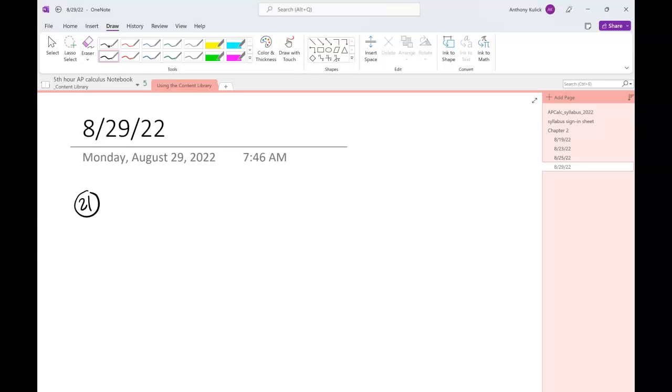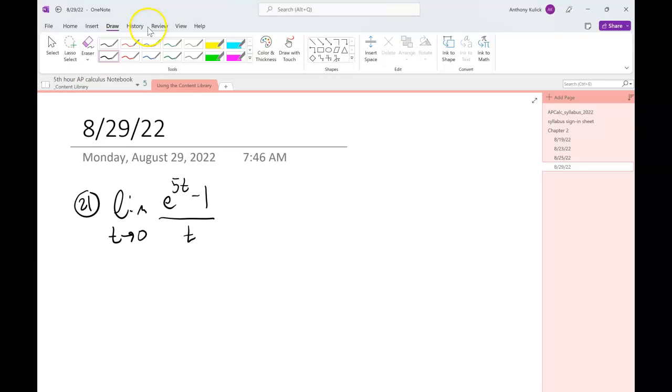So 21 says the limit as t approaches 1 of e to the 5t minus 1 over t. Oh, it does say that in my book too. I just misread it.